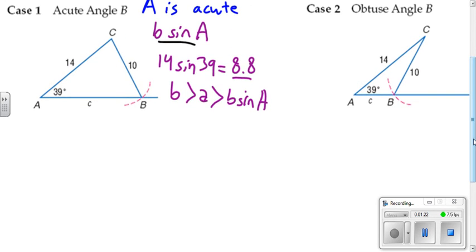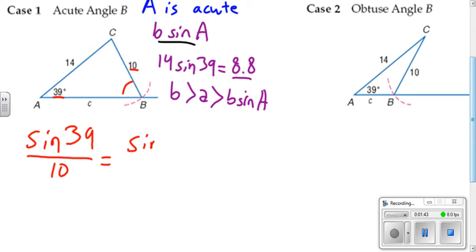So if we look at our first case, in which scenario we have angle B being acute, we would have to solve for it the normal way. Sine 39 over 10 equals the sine of B, this angle here, over its corresponding side, 14.